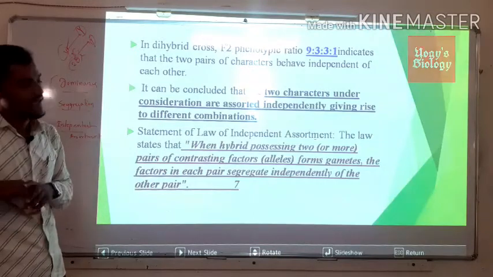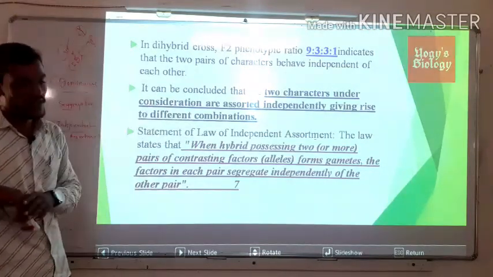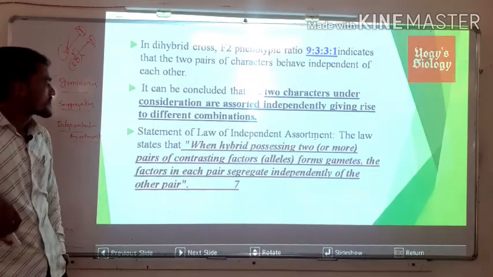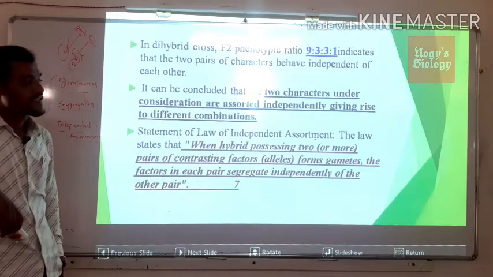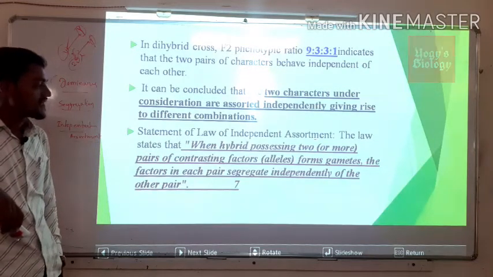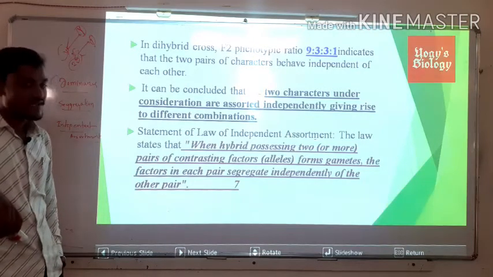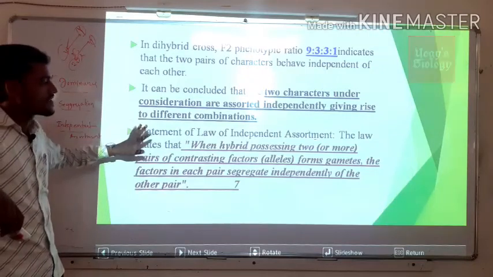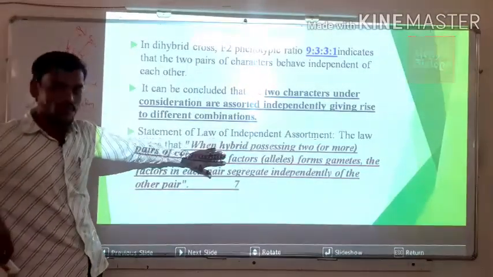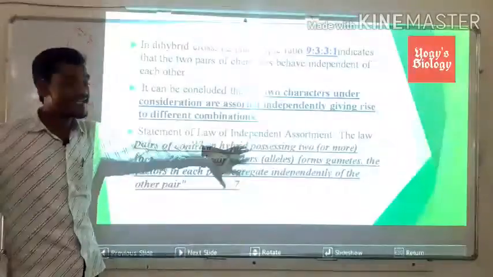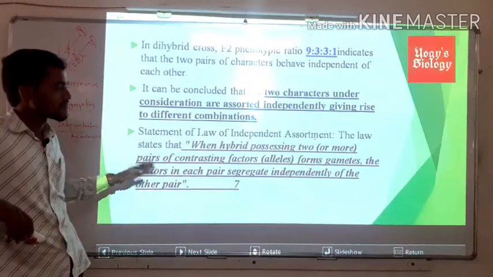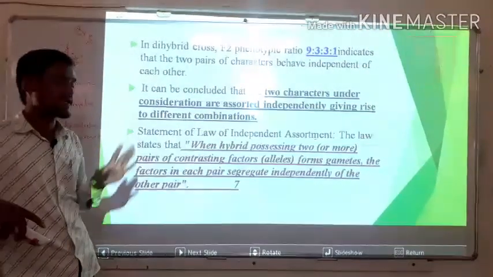Then the statement of the law of independent assortment: when a hybrid possessing two or more pairs of contrasting factors or alleles forms gametes, the factors in each pair segregate independently of the other pair.